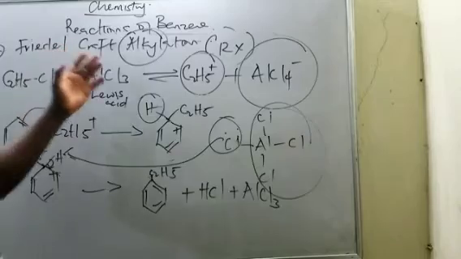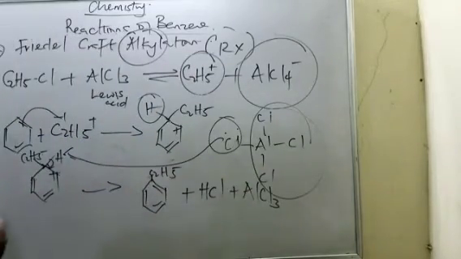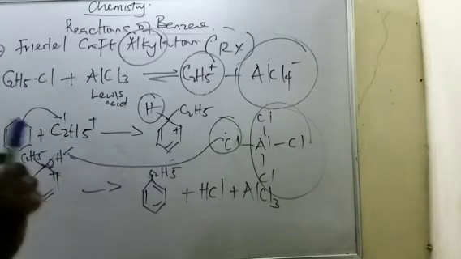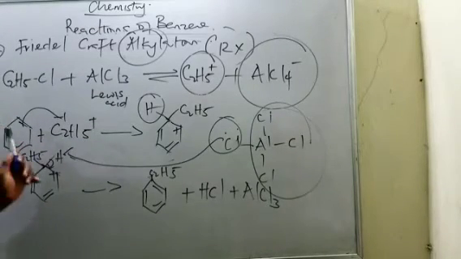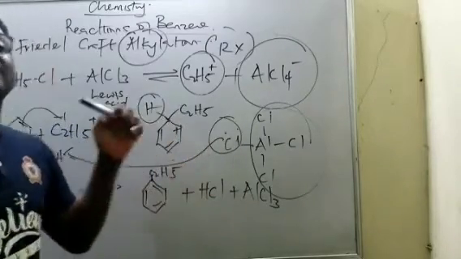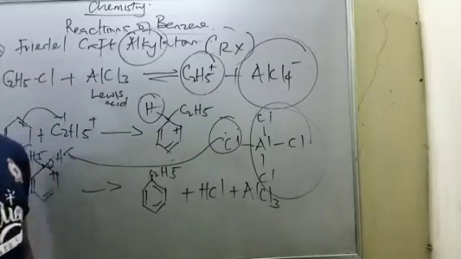Nevertheless, there are some limitations to the use of Friedel-Crafts alkylation. The first limitation is that if there is the presence of an electron withdrawing group on the benzene ring, it does not allow the alkyl to attach itself.